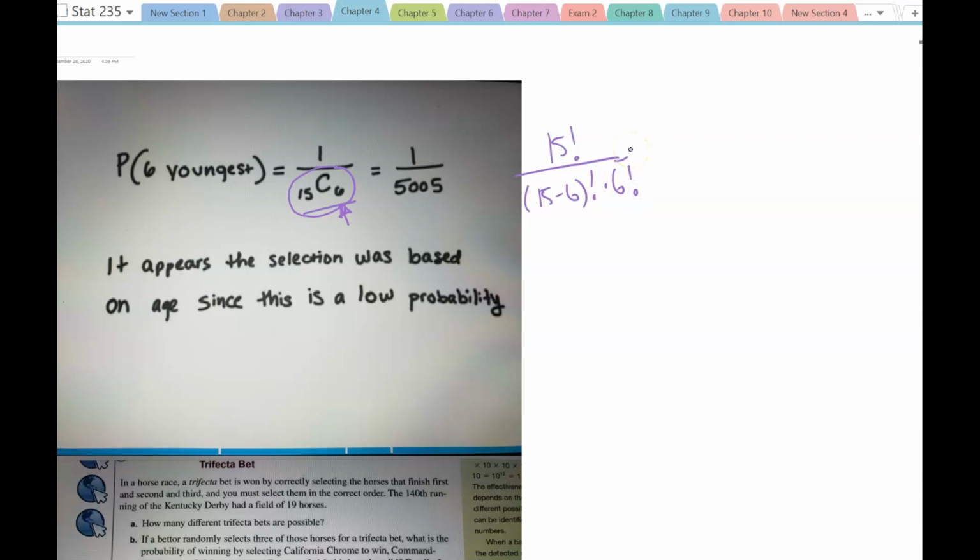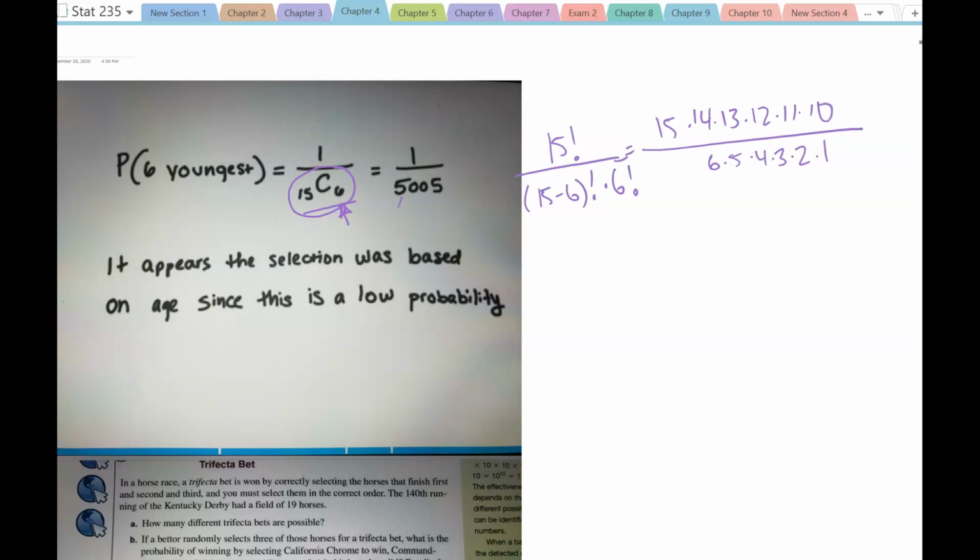And that's going to be 15 times 14 times 13 times 12 times 11 times 10 over 6 times 5 times 4 times 3 times 2 times 1. And you get the 5,005.